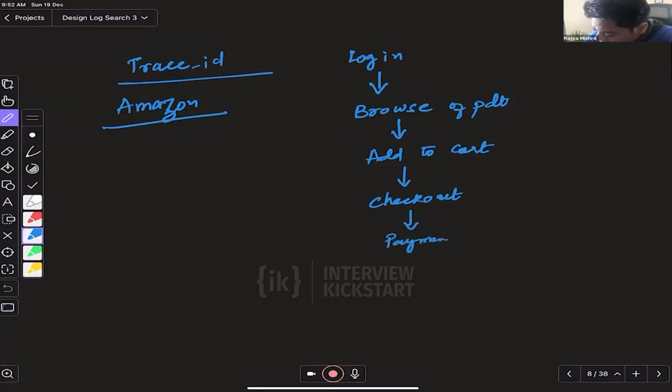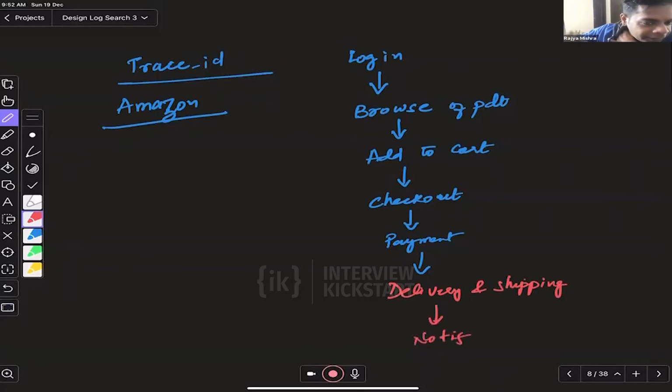Then the user does payment. Once the payment has been validated, this information will go to some delivery and shipping. Right? The user will get some notification. Right? So there are endless use case possibilities, but these are the major ones. And each of these is done by a respective microservice.